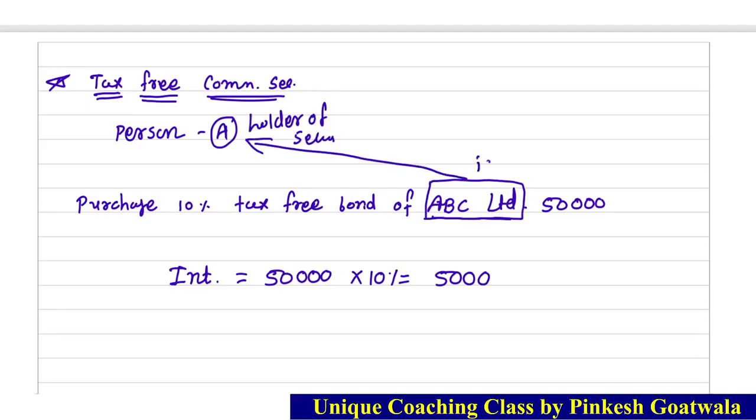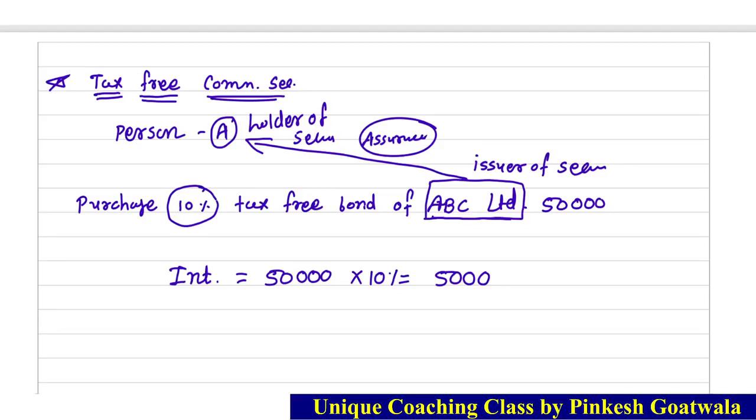This is the issuer of security, the authority who issues the security, and this is the holder of security. So here ABC Limited gives assurance to the holder of security that whatever rate of interest is decided, that was 10%, you will get the full amount at that rate of interest. You will get the full amount of interest at that rate of interest.